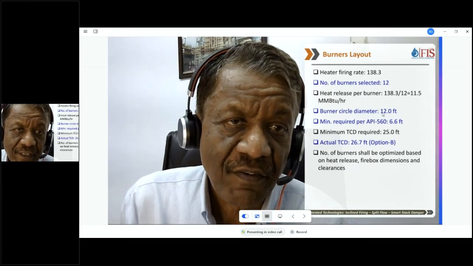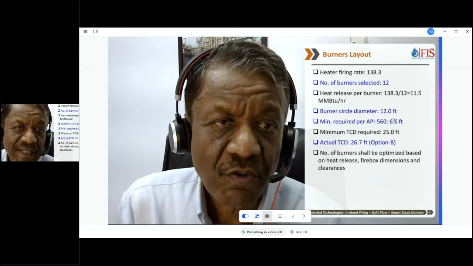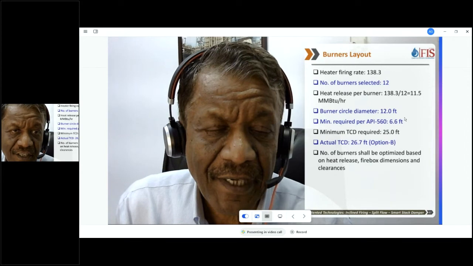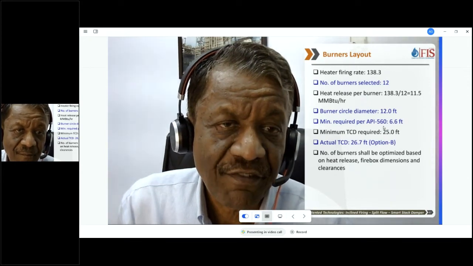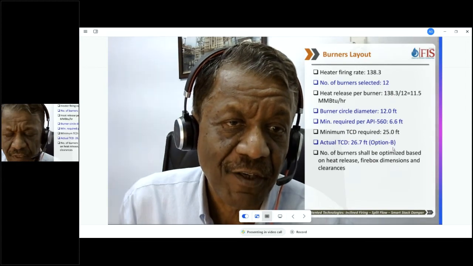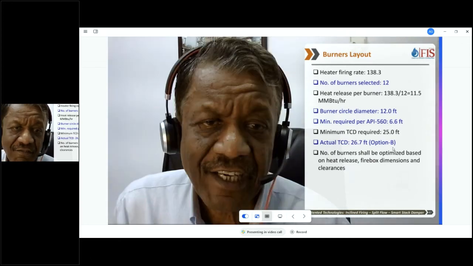We calculated the burner circle diameter. With that, we calculated the minimum required clearance as per API 560 of 6.6. So the minimum TCD required is about 25 feet. Actual TCD is 26.7. So we optimize the number of burners, the heat release, and the firebox dimensions.